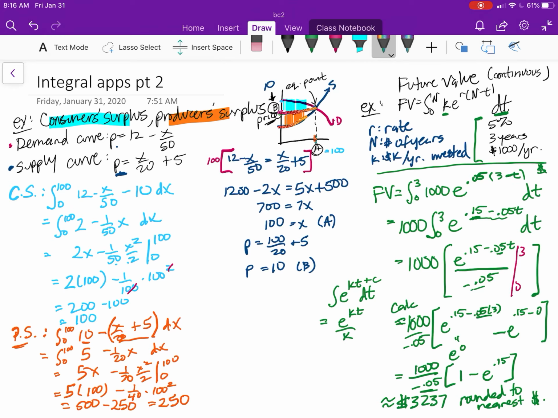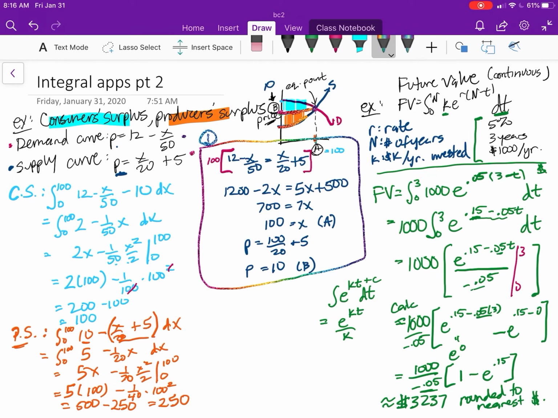Some of the questions will give you this equilibrium point or give you the X value they want you to stop at. This example I chose does not. So the first step is to set supply and demand equal to each other to find that equilibrium point. I did that over here on the right. This is what we did first.